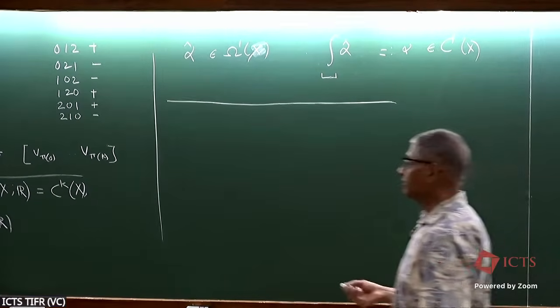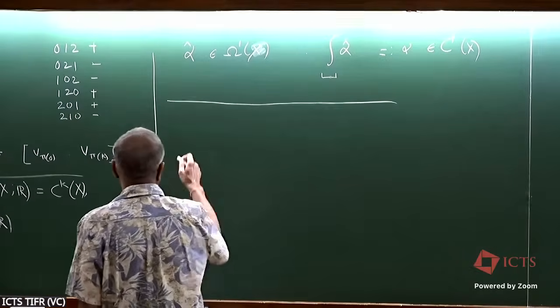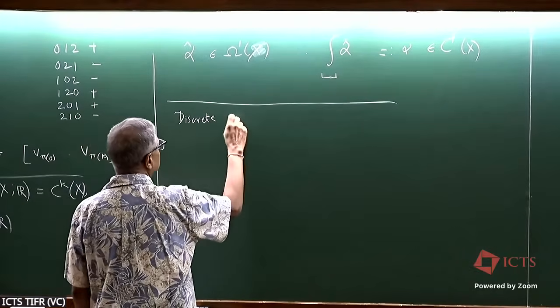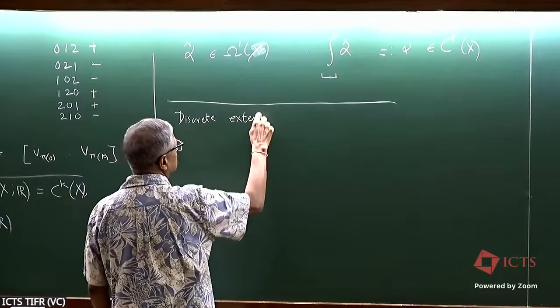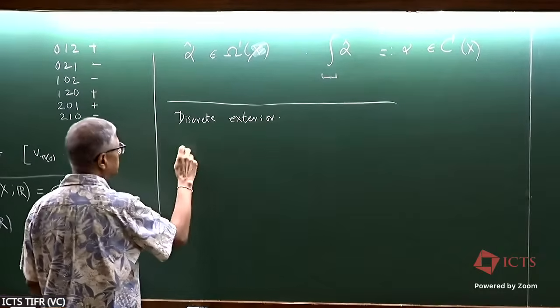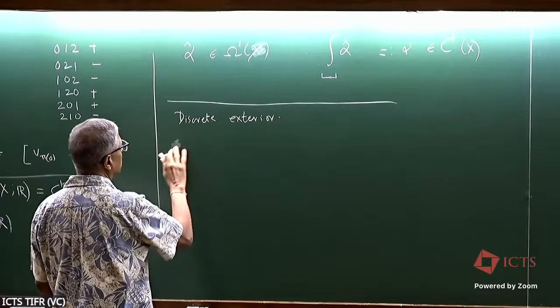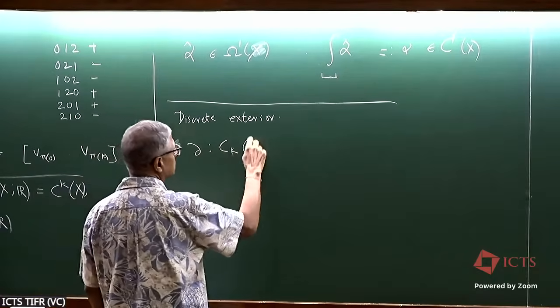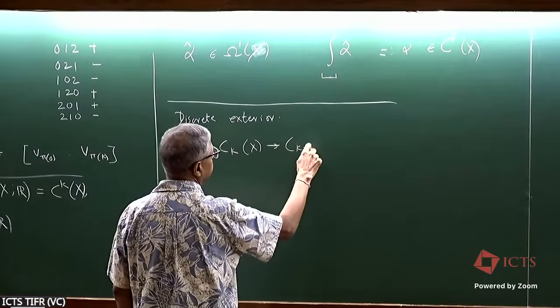So we have our space, we have the main things. Then we want to define the exterior derivative. The discrete exterior derivative will be defined as the dual of what is called the boundary operator. The boundary operator is a map from k chains to k minus one chains.